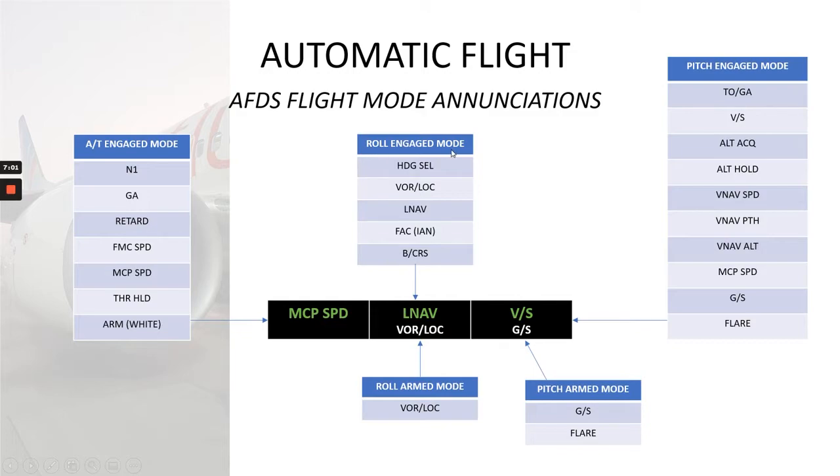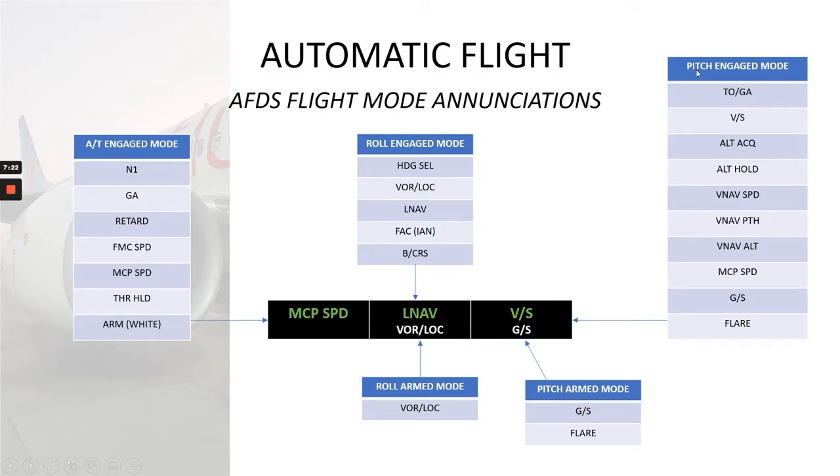For the roll engaged mode, you can see heading select, VOR lock, LNAV, FAC, which is final approach course if you have the IAN option, and back course. Roll arm mode, in this case, VOR lock.